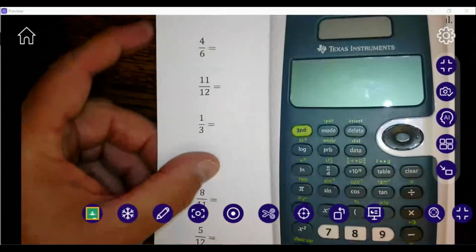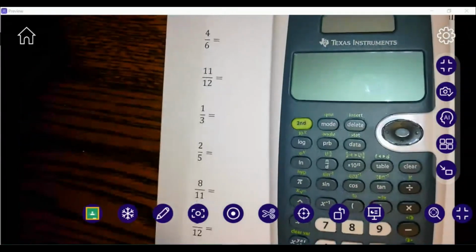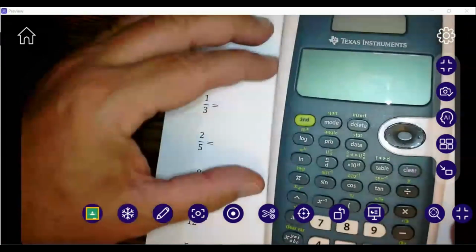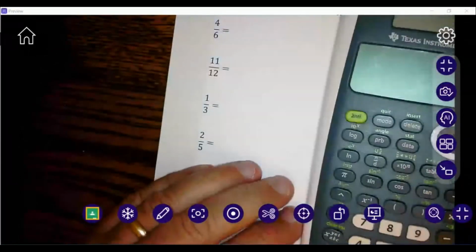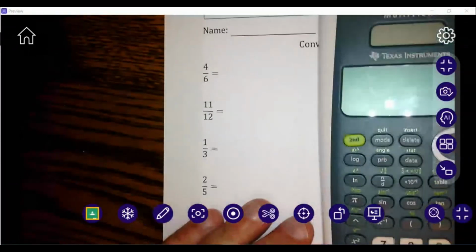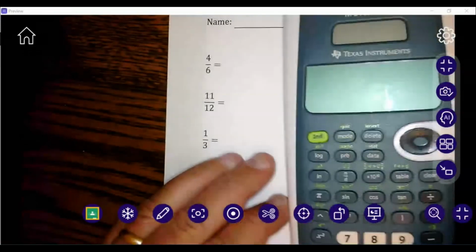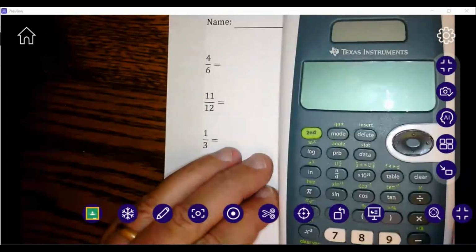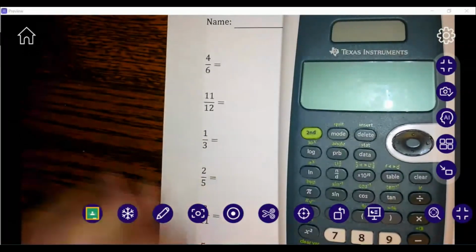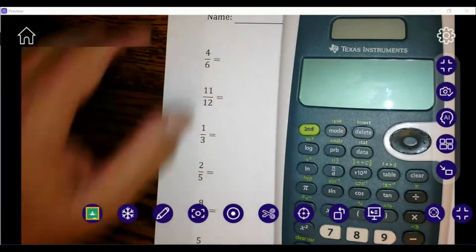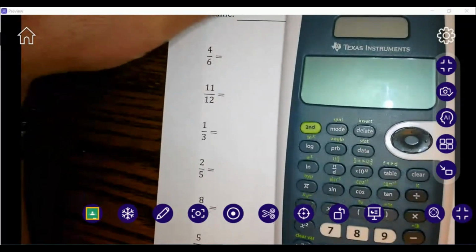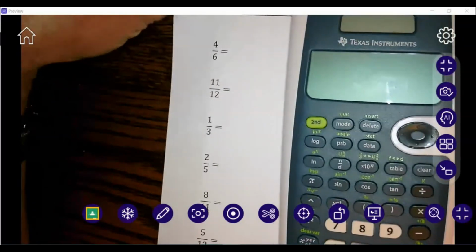On this sheet, we are changing our fractions into a decimal. It does not tell us what to do if we have a fraction that doesn't end, or a decimal that doesn't end. So we're going to do rounding or the repeating decimal idea.